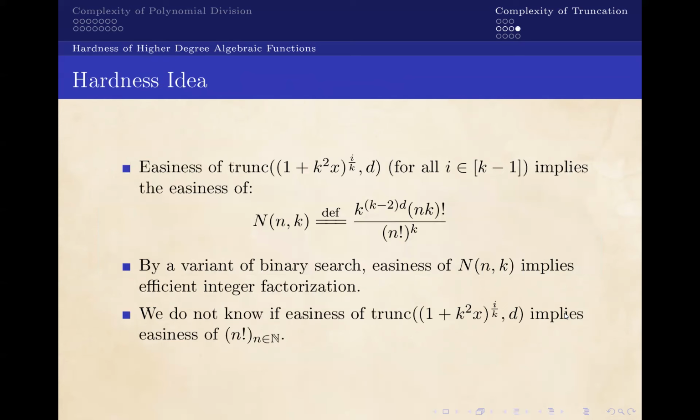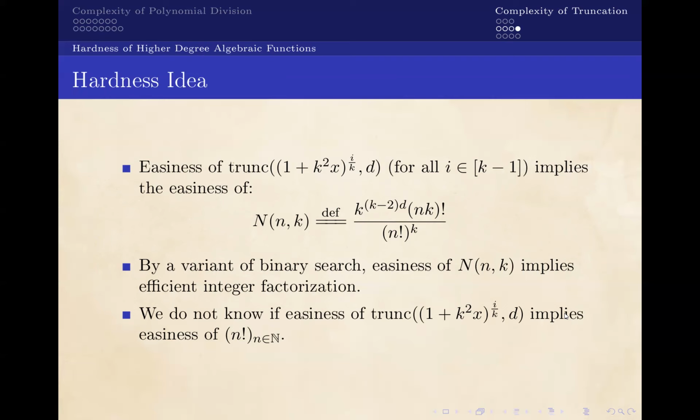So how does one prove this theorem? What we show is that if truncations of all these power series are easy, then this integer sequence is easy, which is defined by this capital N of n comma k, right?